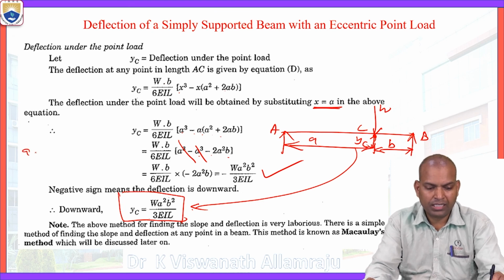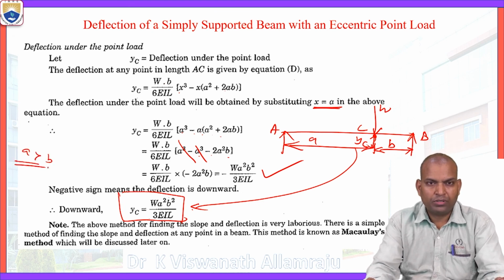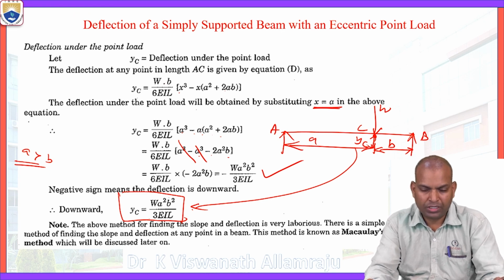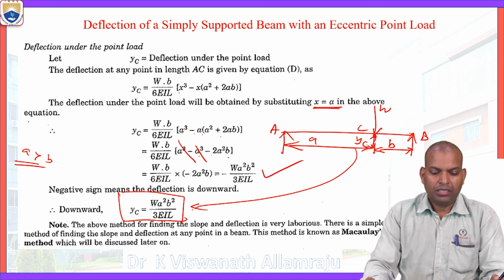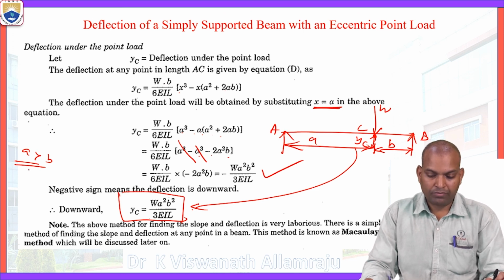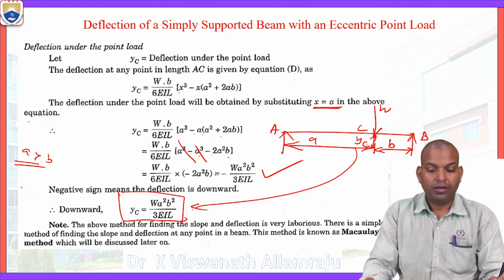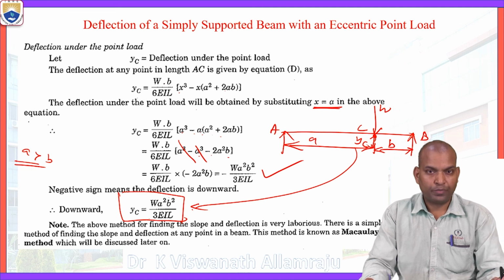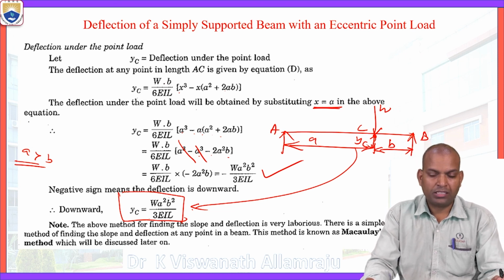Here A is greater than B. Therefore, the maximum slope occurs at support A. We derived the formula for slope at the concentrated load, and also the maximum slope and maximum deflection for a simply supported beam with an eccentric point load.